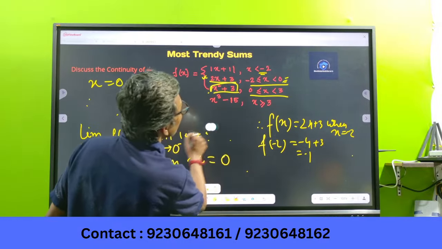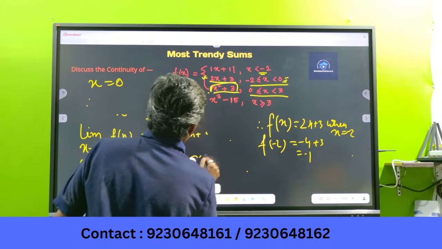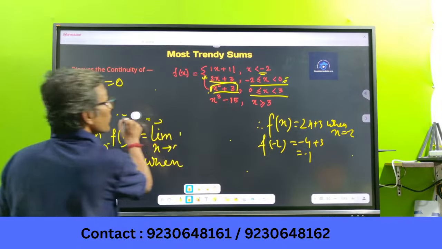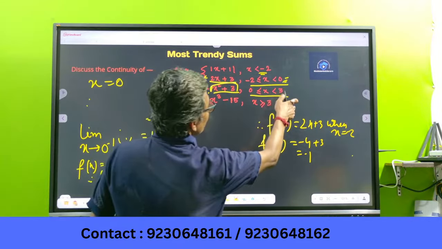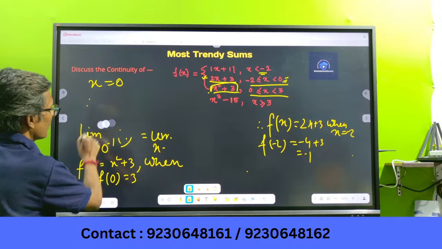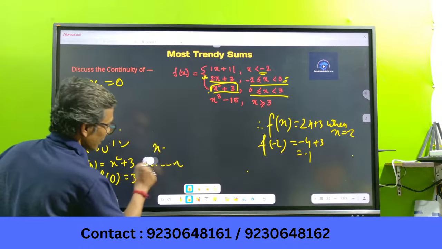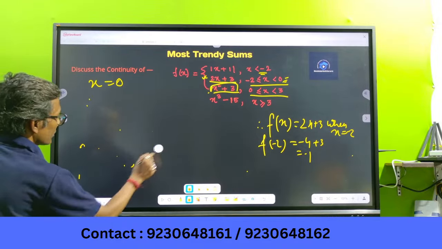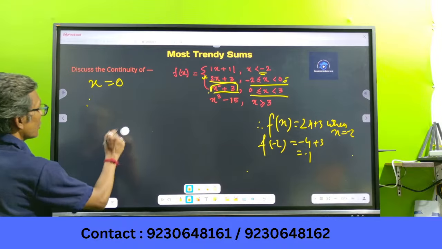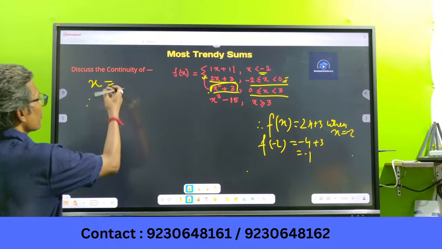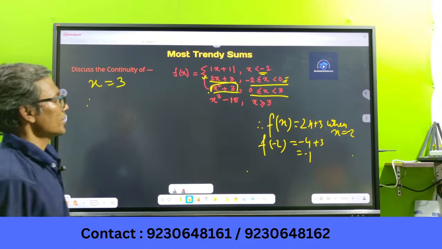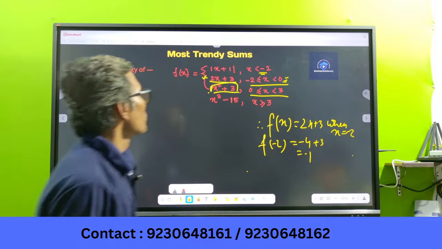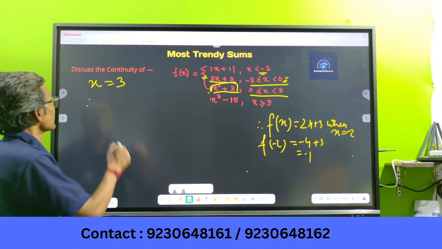Now I have to check the continuity of the given function at the point 3. In the same manner, we can proceed.